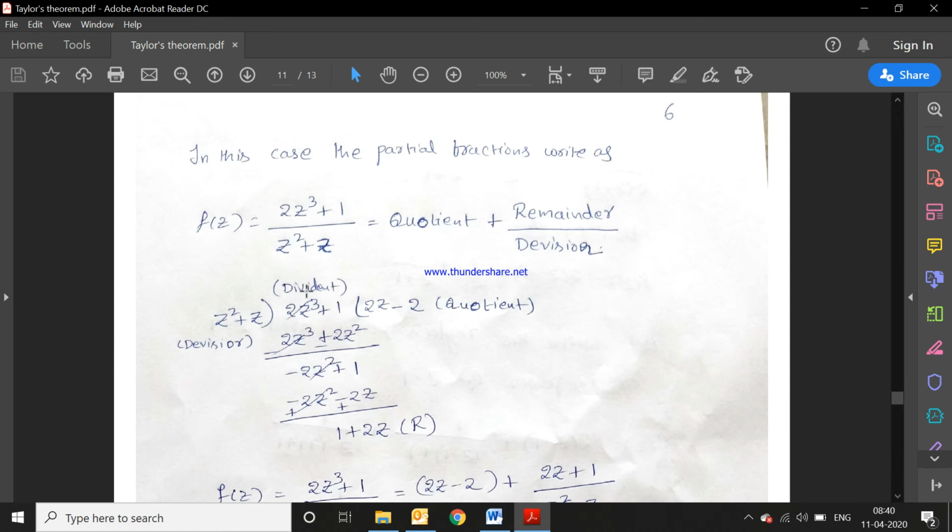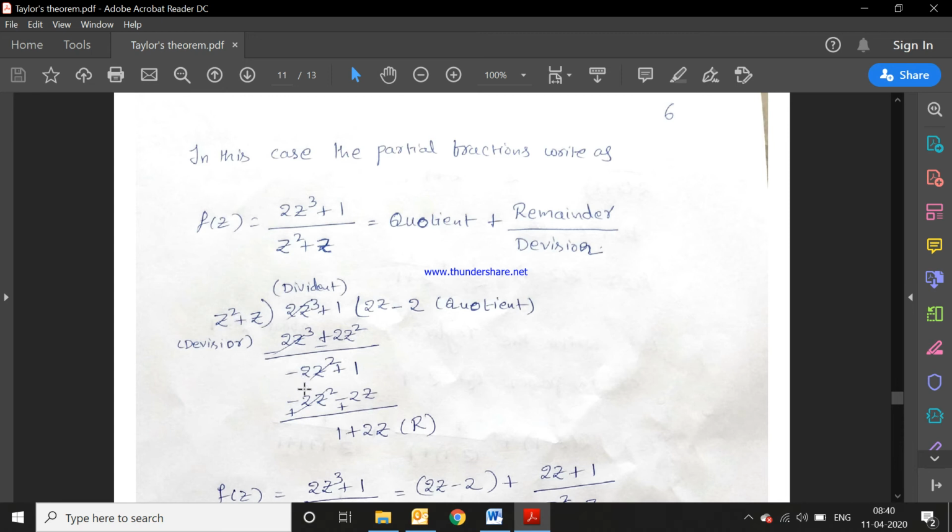So we are dividing this value by the divisor. First you need to cancel 2z cube. So z square multiplied with 2z, then we cancel the 2z cube. So multiplying with 2z, we get 2z cube plus 2z square, then subtract, that is minus. These two are cancelled, and we get minus 2z square plus 1.